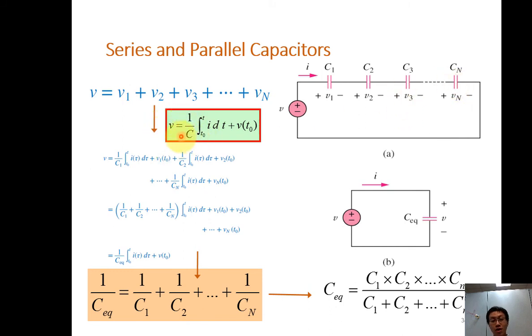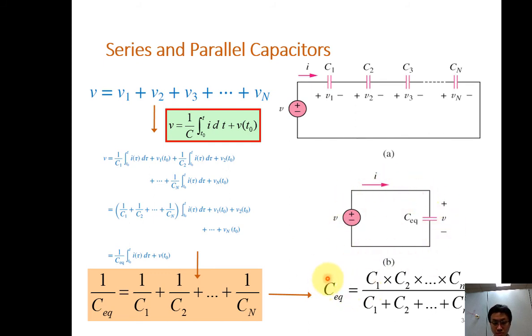I know that V equals 1 over C times the integral of the current. Then I put this in, factorize it, and rearrange. Then I find that 1 over C equivalent equals 1 over C1 plus 1 over C2 plus 1 over Cn to get this C equivalent.